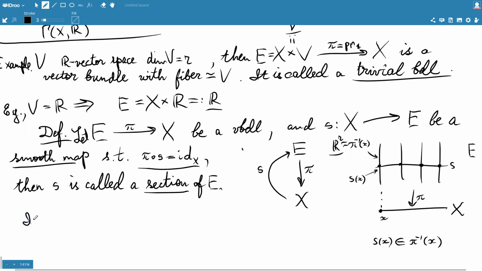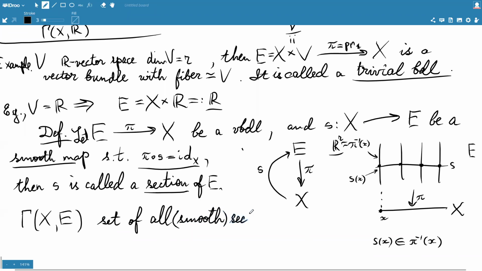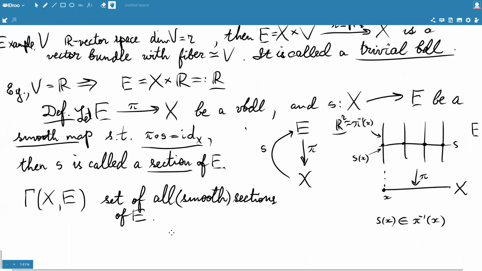So this is the definition of a section. Now, let me give a notation for the space of sections: Gamma of X, E, the set of all smooth sections, or just sections, of E. I would like to say that this set is actually a vector space.